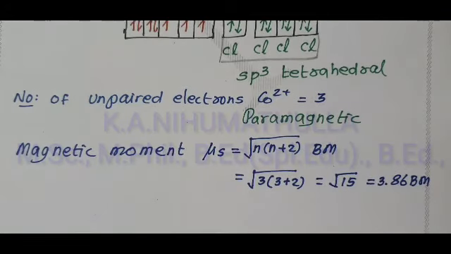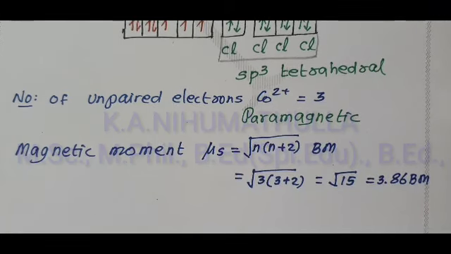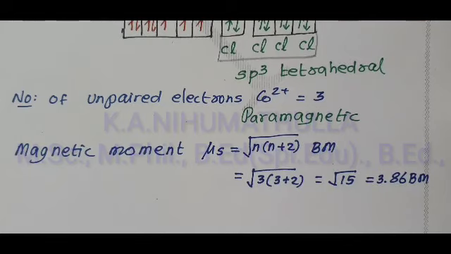Now, we are going to draw the tetrahedral structure of tetrachlorido cobaltate(II) ion. The central metal ion is cobalt. Where are the ligands present?